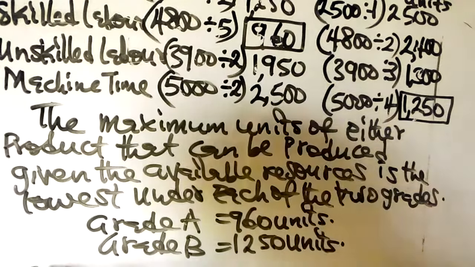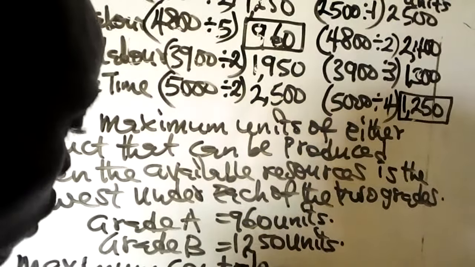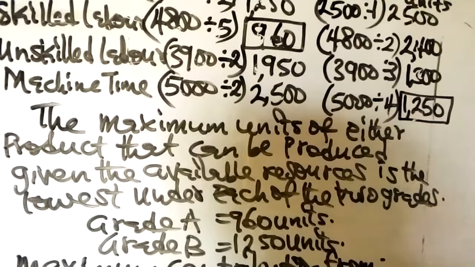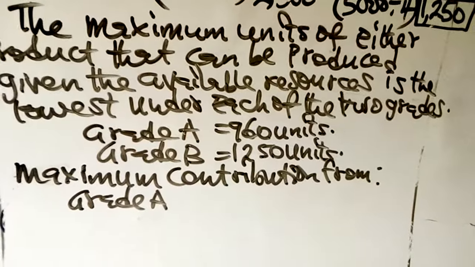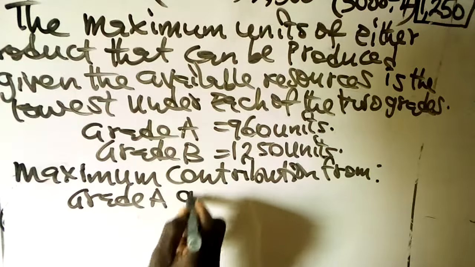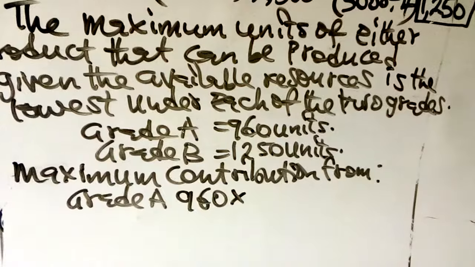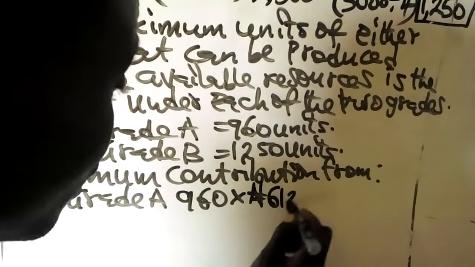So, maximum contribution from grade A. Grade A, 960 units were produced, and the contribution per unit from our objective function for grade A is 612 naira.